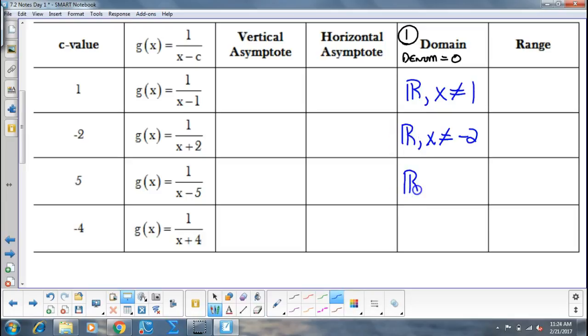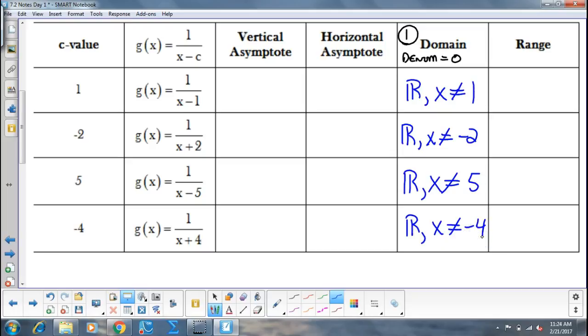Third one, all real numbers, but x cannot equal 5. Last one, all real numbers, but x cannot equal negative 4.